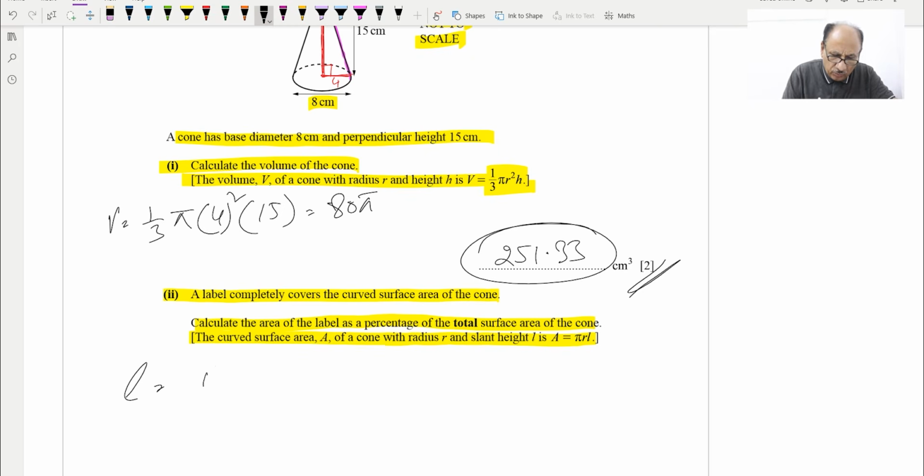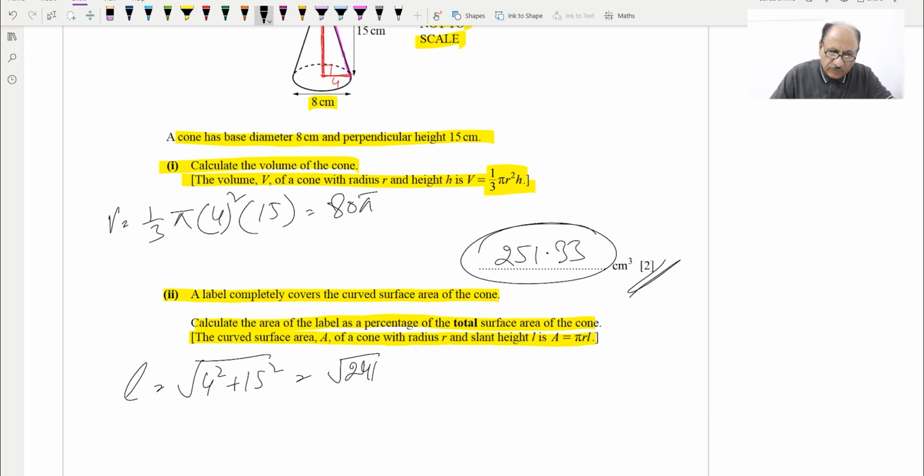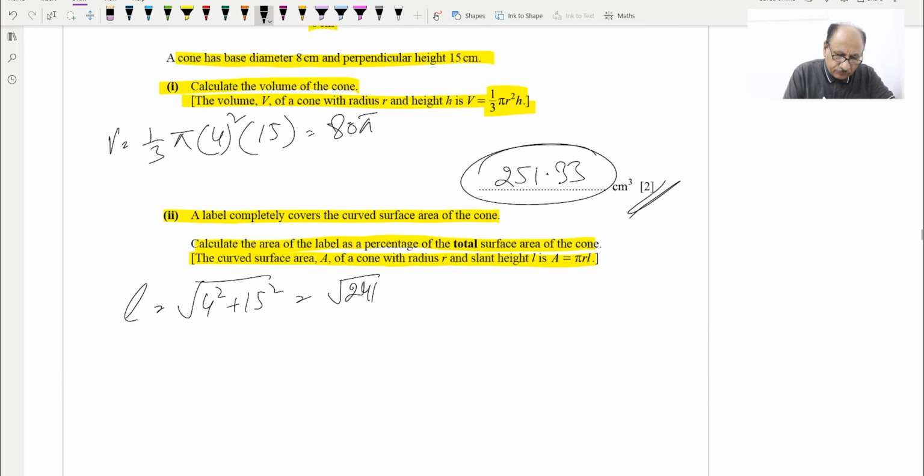So L will be equal to the square root of 4 square plus 15 square, which is the square root of 241. Now the area of the curved surface will be pi r L. This is pi r L, the curved surface area. So with the square root of 241, this is equal to what?